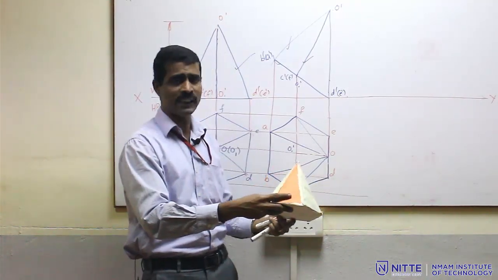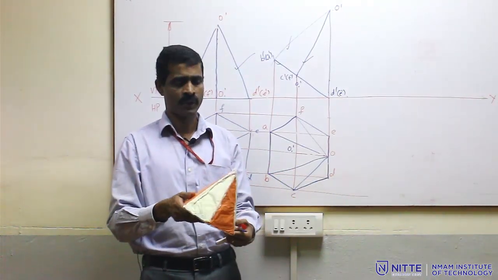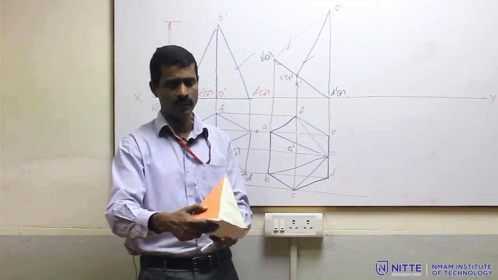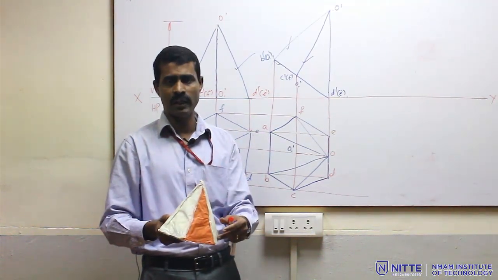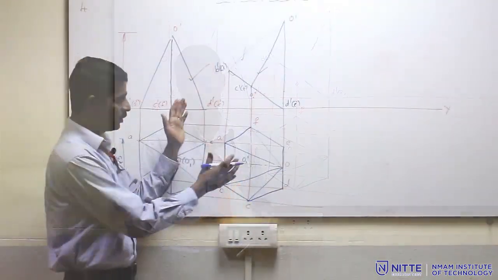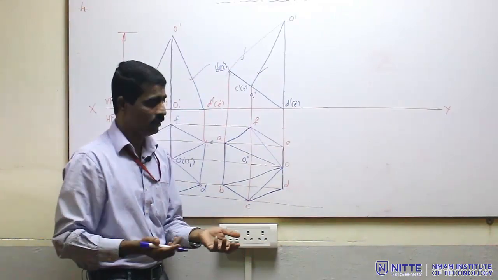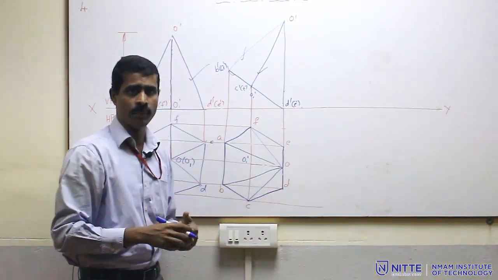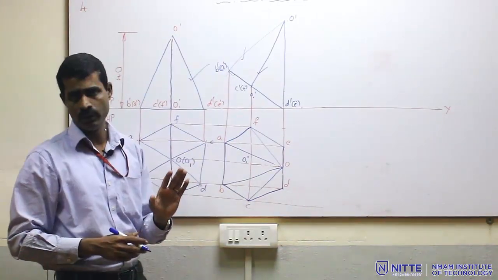So, I have to rotate this way. This was the first step. Second step, third step is I have to rotate by 90 degrees, because I have to make this particular triangular face parallel to VP and nearer to VP. This view has to be redrawn by keeping ODE parallel to XY line or VP.